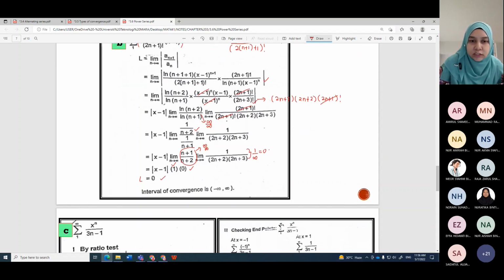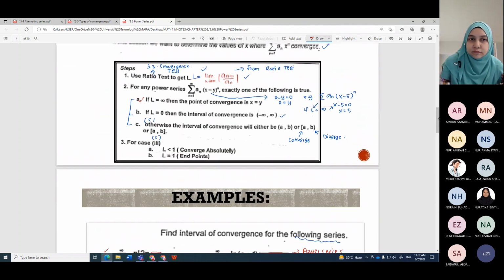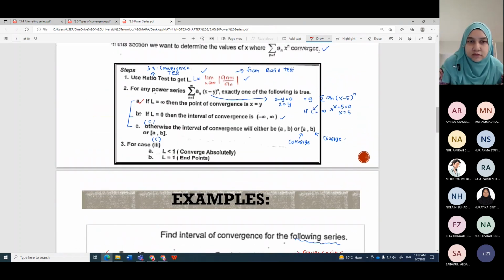So, the interval of convergence is between negative infinity to positive infinity. If L is equal to 0. Kita tengok yang ni lah. Second step, second theorem dia tadi.